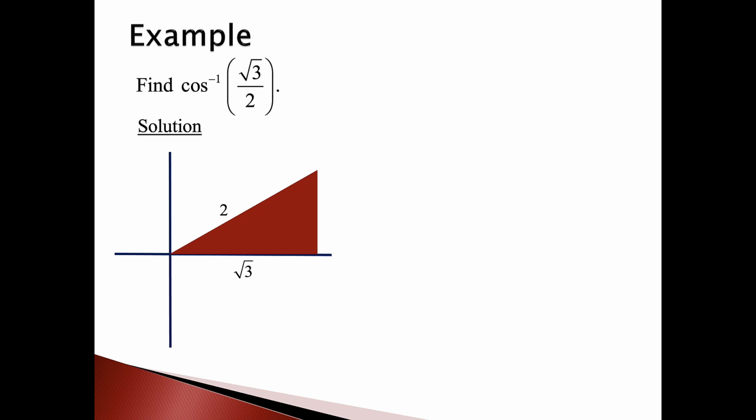This is a square root of 3 and a 2, and the missing side we realize is 1. This is our friend, the 1, 2, square root of 3 triangle, and because the short side, the 1, is on the opposite side, we get this long, skinny triangle, which means this angle is pi over 6. So inverse cosine of square root of 3 over 2 is pi over 6.